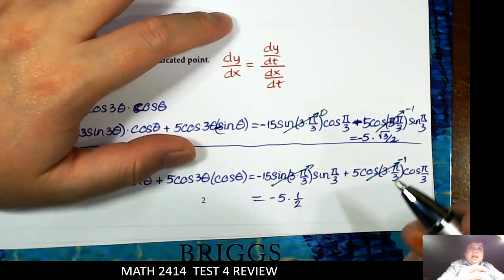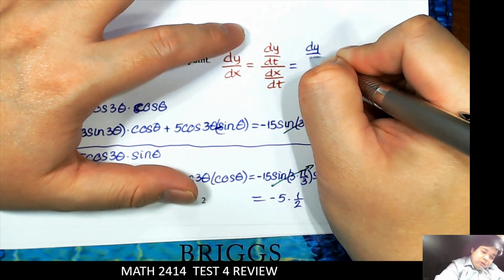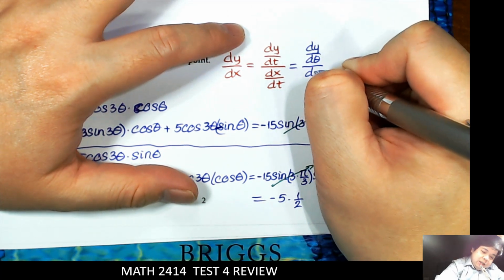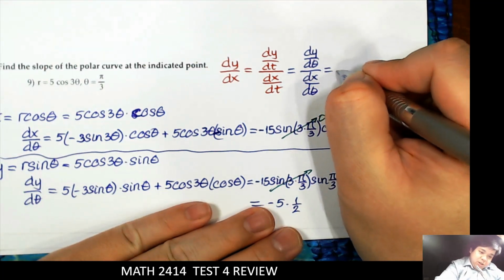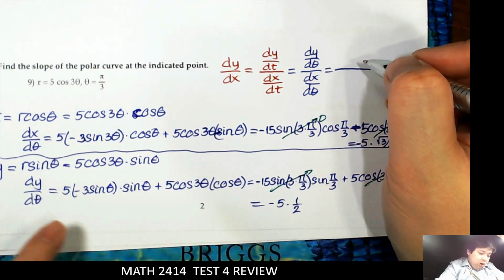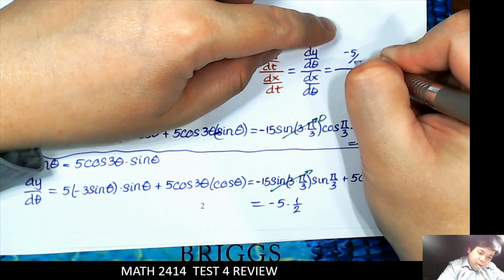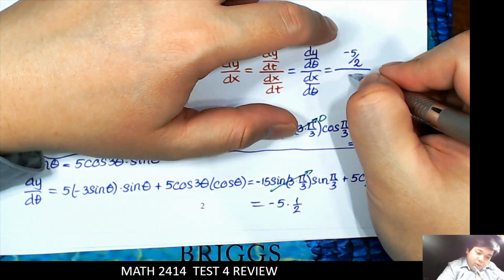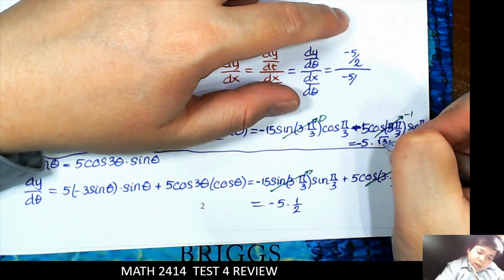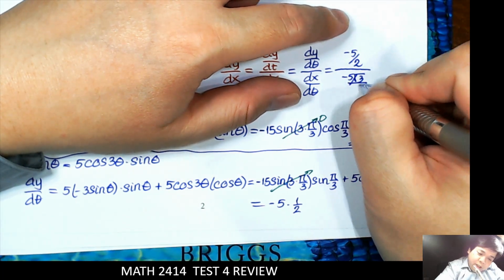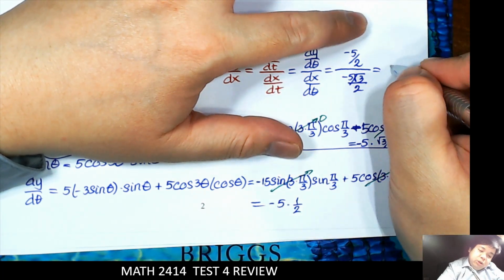Now we get back to our formula here. This time we have dy over d theta and dx over d theta instead of t. dy over d theta is negative 5 over 2, and the other one is negative 5 square root of 3 over 2. The negative 5 cancel out, the 2 and 2 cancel out.